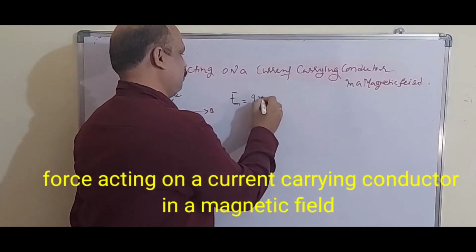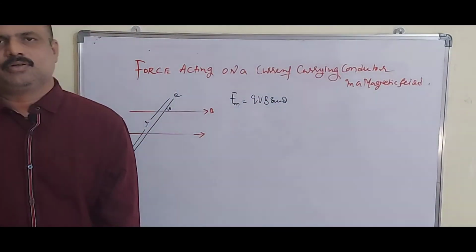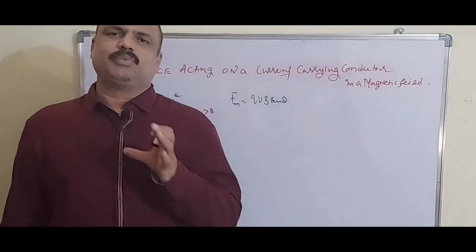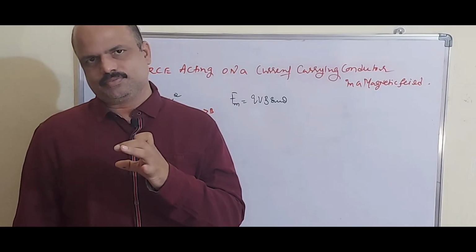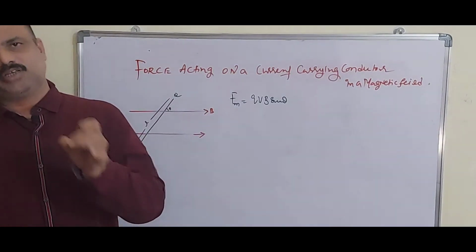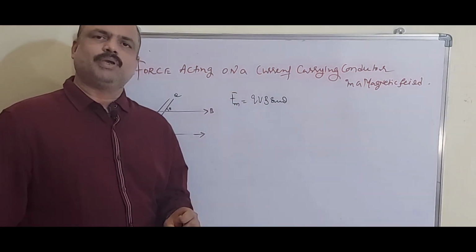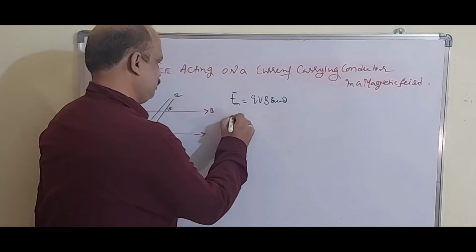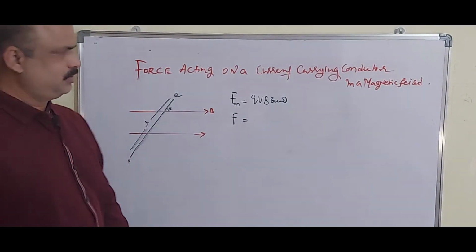Fm = qvB sin θ. When a charge is moving in a magnetic field, it experiences a force. When the charge is at rest, it does not experience any force in a magnetic field.